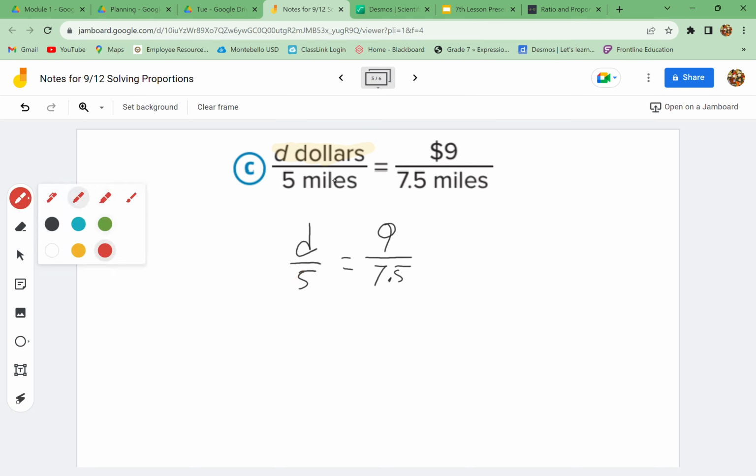All right, so the opposite of division is multiplication. So I'm going to go ahead and multiply on both sides by 5. Now I turn every whole number into a fraction, just to make it easy.